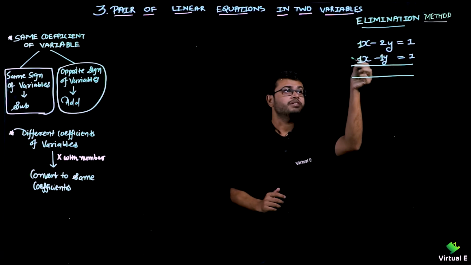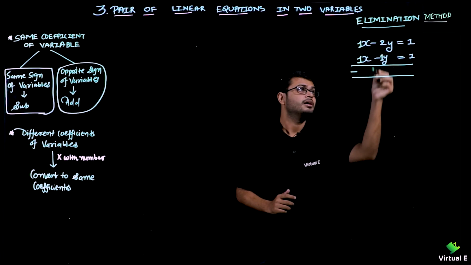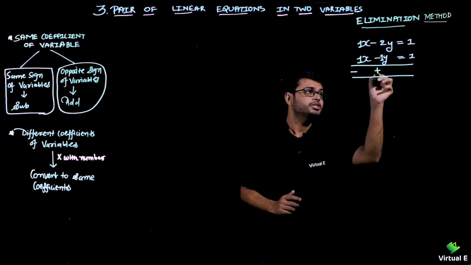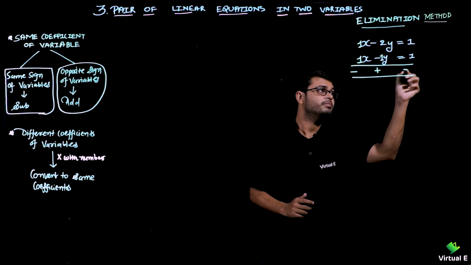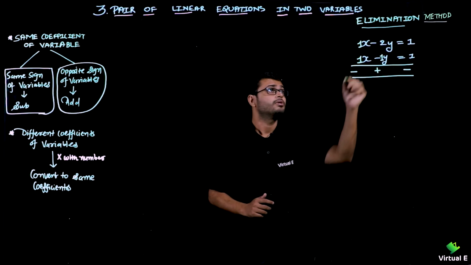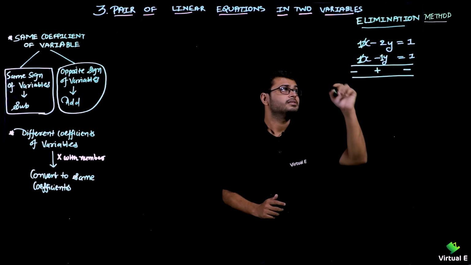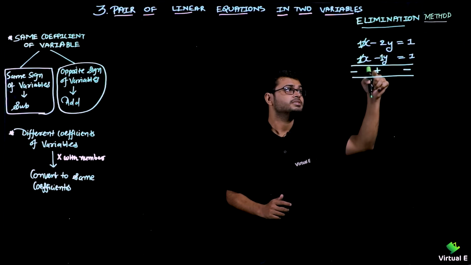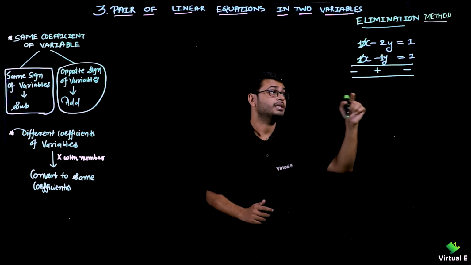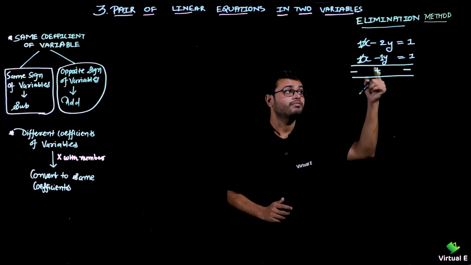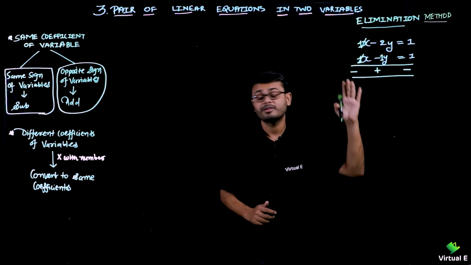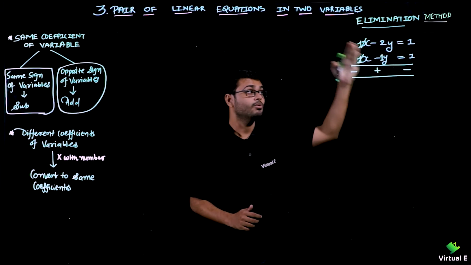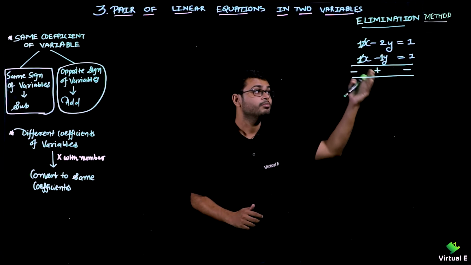So this positive x will become negative x, negative y will become positive, and there is a 1 over here that is positive, it will also become negative. So x gets cancelled, this is minus 2y, this is plus y, remember that. This is the new sign of y, forget about the old sign, do not write minus 3y even by mistake, right? That is the old sign, we only need to consider plus.